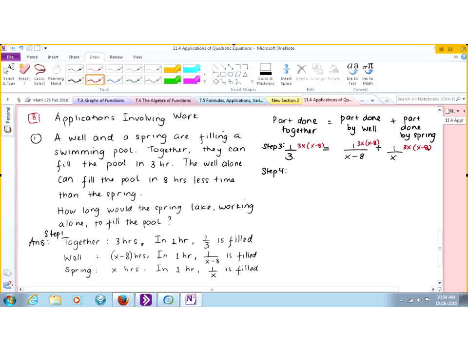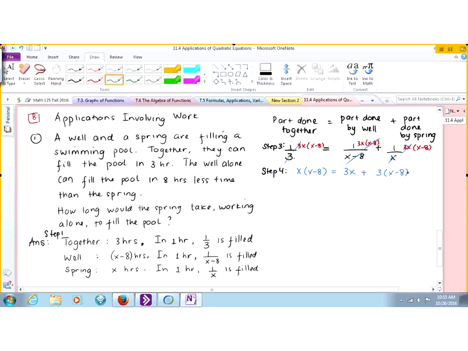Easy? Okay. Then what happens here? The 3 cancels. So you're left with x times x minus 8. What happens here? The x minus 8 cancels, so you're left with 3x. What happened here? The x cancels, so you have 3 times x minus 8.